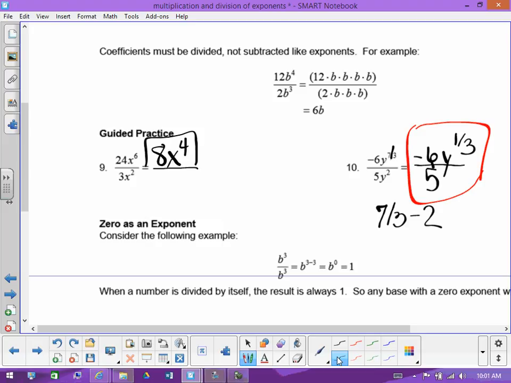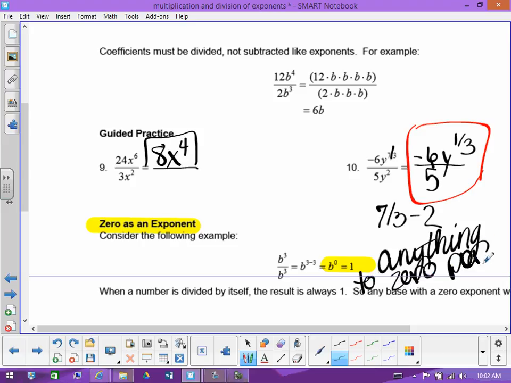Okay, now down here at the bottom, the rule says this. If you have zeros as exponents, anything to the 0 power is 1. So I want you to write that out beside it: anything to the 0 power equals 1.